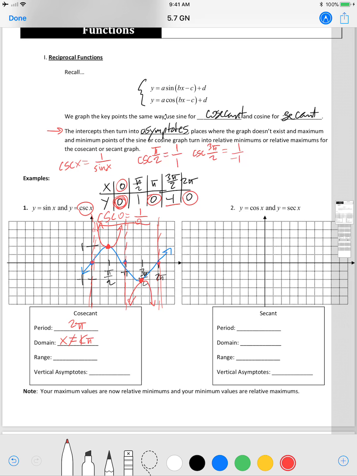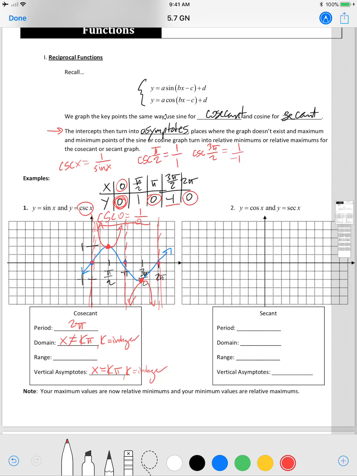So we'll call that k pi, where k is an integer. So if you remember when we first started talking in section 5.5 about the properties of the sine and cosine functions, I had us list the x-intercepts and the y-intercepts. Well, this is why the x-intercepts, in this case, become asymptotes. So this is where I have to restrict my domain. So those are where I have vertical asymptotes.